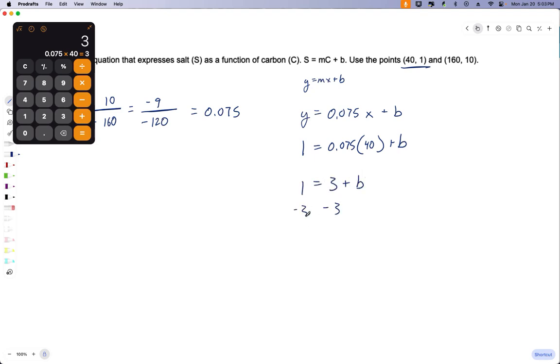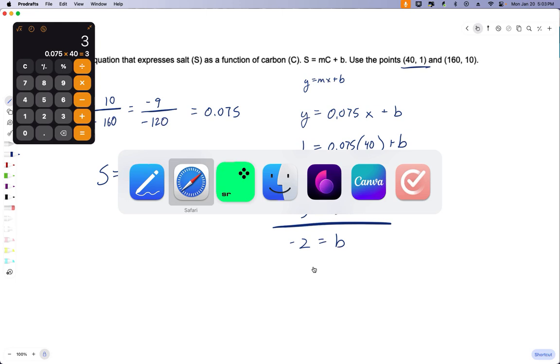Minus 3 minus 3, negative 2 is equal to b. So now I can drop my slope and my b in. So S is equal to 0.075C, and remember to put the right letter, minus 2. Let's see what happened.